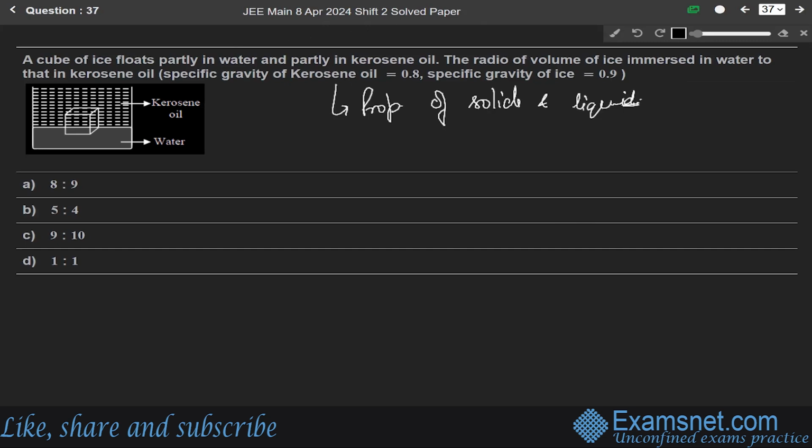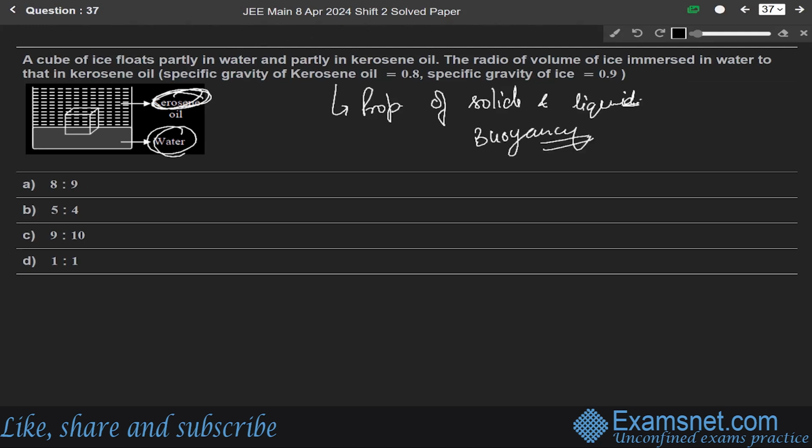This question is based on the concept of buoyancy. Using the property that the force applied by the water and the kerosene equals the weight of the ice, we'll use the concept of buoyancy here.